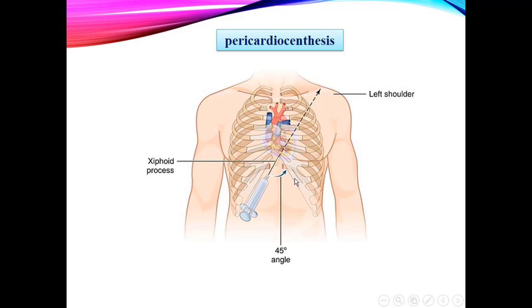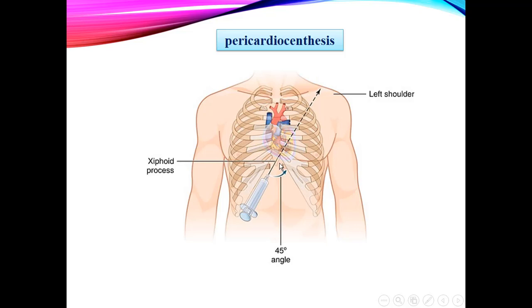Here is the costal margin, and here is the xiphoid process of the sternum. Between them, we've got an angle. This angle between the costal cartilage and the xiphoid process is called the costoxiphoid angle. Here is the right costoxiphoid angle, and here is the left costoxiphoid angle.